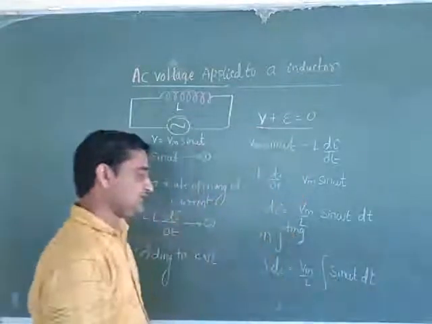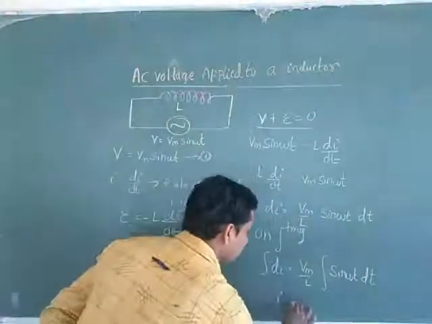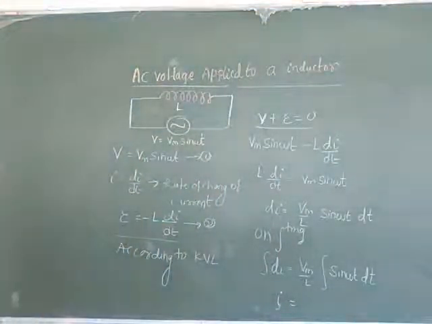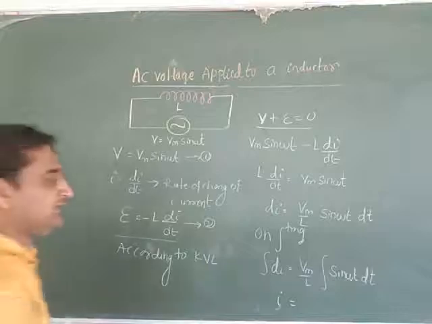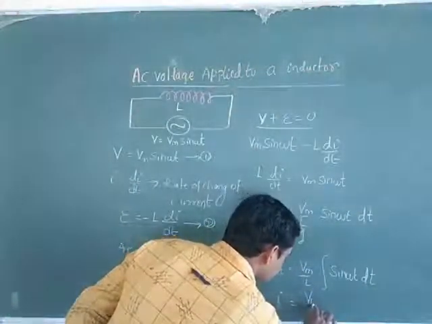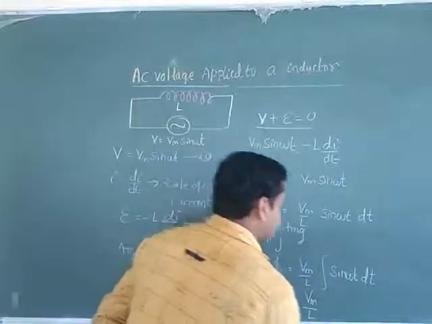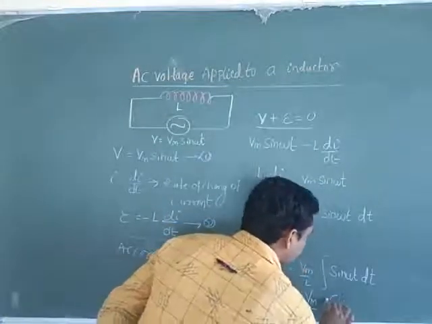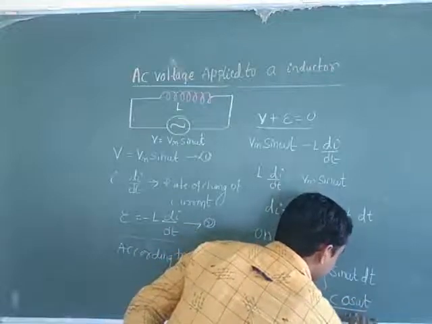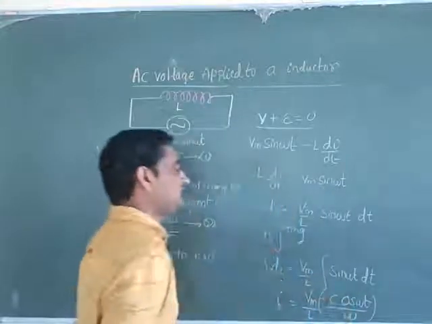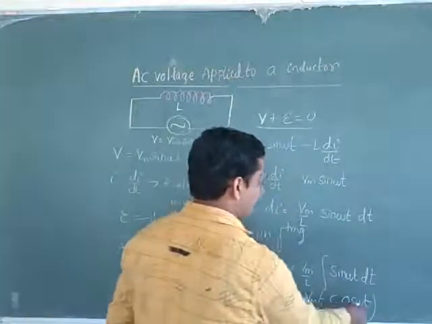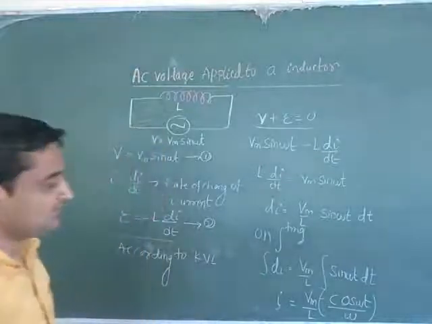So the integration of di is I. Notice the integration of sin omega t: the integration of sin omega t is minus cos omega t divided by omega. That is the reverse process of differentiation. So this is equal to Vm divided by L into minus cos omega t divided by omega. Right?